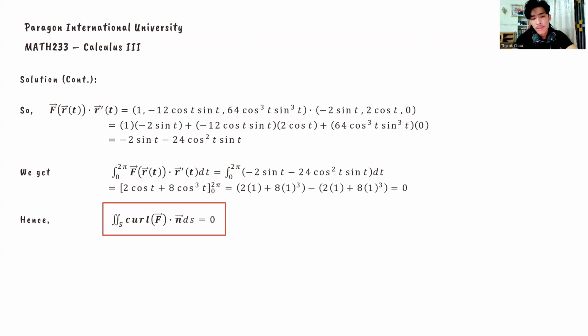By substituting the values of t at 0 and 2 pi, we get 0. So it means that our double integral of the curl of F dot n over surface S is equal to 0 as well.